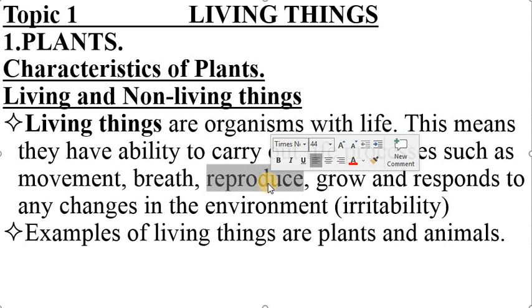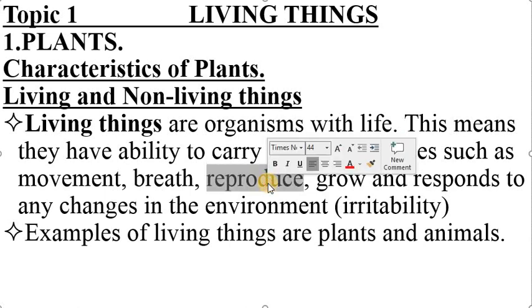A cow is able to give birth to a calf. That is reproducing. A hen lays eggs and the eggs hatch into other chicks, which again form another hen. That is reproduce. They are able to produce other living organisms. So that is what we call reproduce.